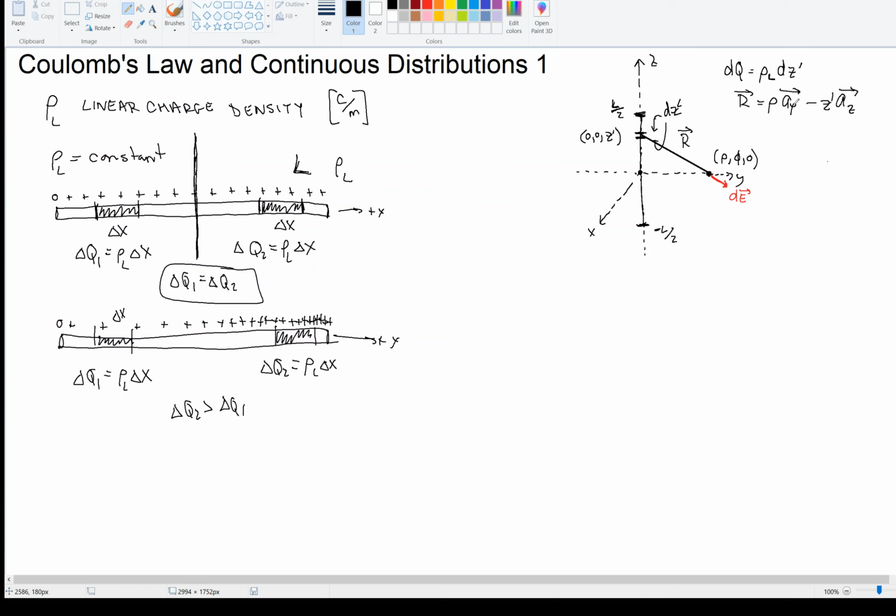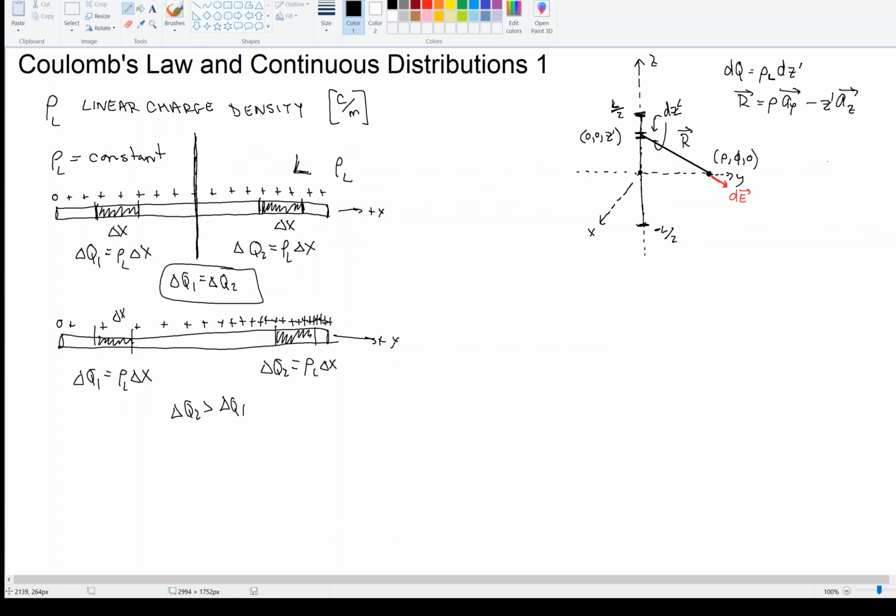And then we have to go down, negative, by z prime to get to the midpoint, because this slice is at z prime, so we have to go down by z prime, negative in the z direction. So that's that vector, r. All right, we are considering what's the electric field at this field point due to this fine slice of rod.